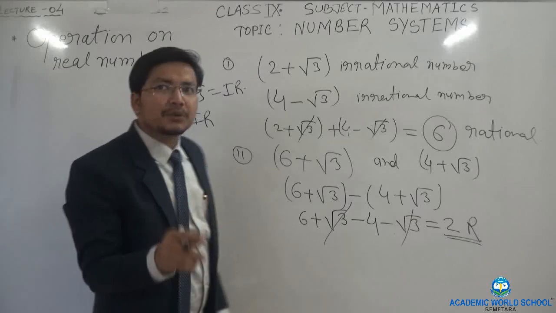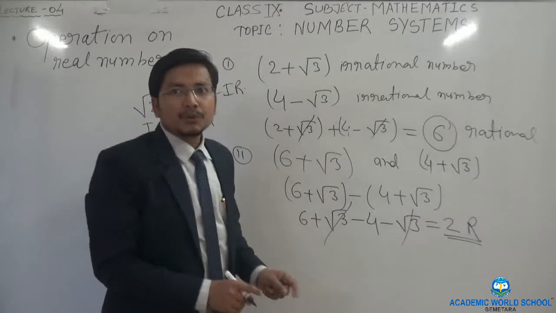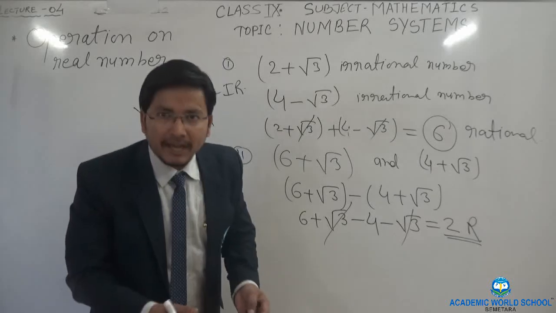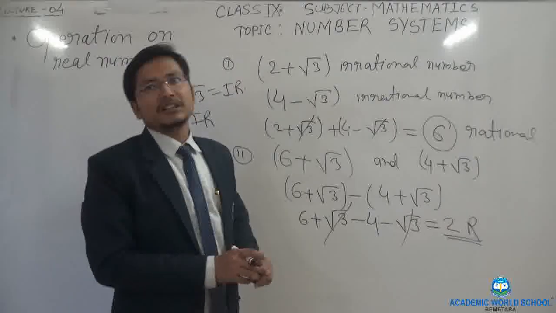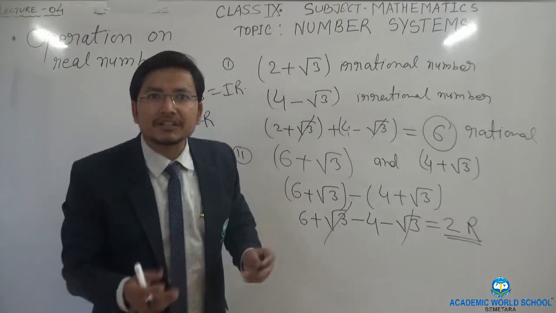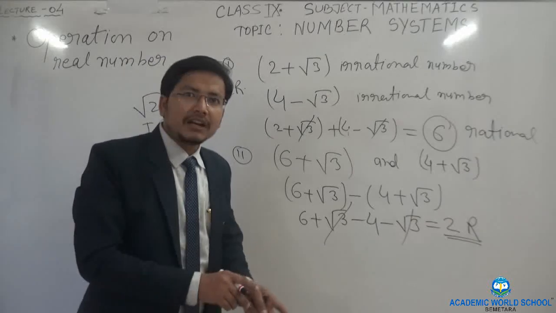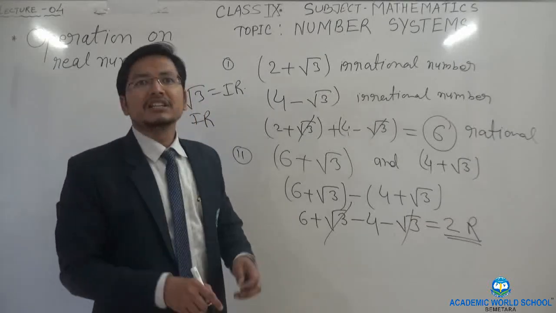So if we add irrational numbers with irrational numbers, we can have rational as well as irrational results. Likewise, if we subtract two irrational numbers, I can have a rational or irrational result.